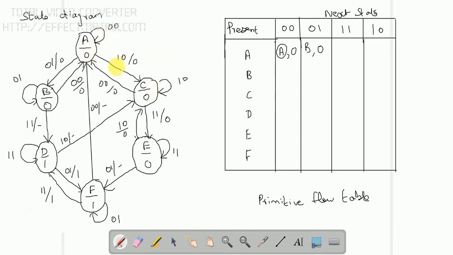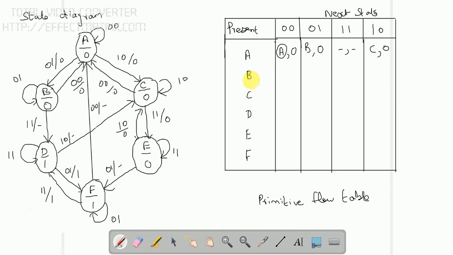From the A state it goes to the C state, and the output of C is 0. So 1 0 is the input of C, indicating A to C, and the output of C is 0 here. At the same time, we don't have any connectivity from A to D, so that is taken as dash, comma, dash. Dash indicates the don't care value, so always remember.